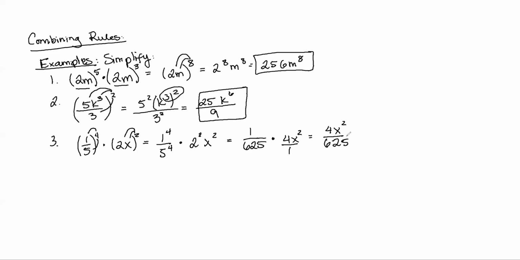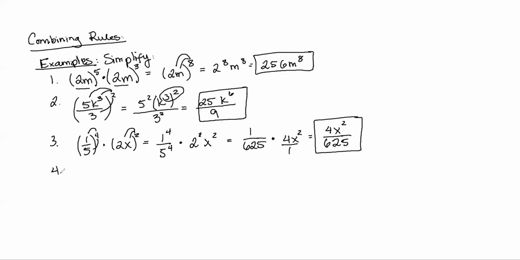So make sure you're still using your old fraction rules and all of that for simplifying. Don't let the exponent rules deter you from using your fraction rules. And again, 4 and 625 can't be simplified or reduced.